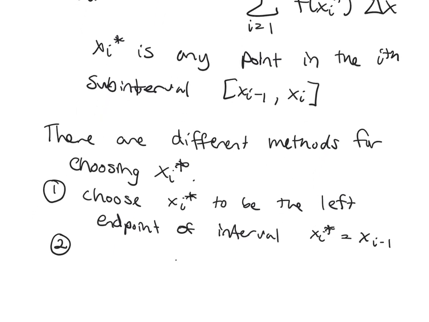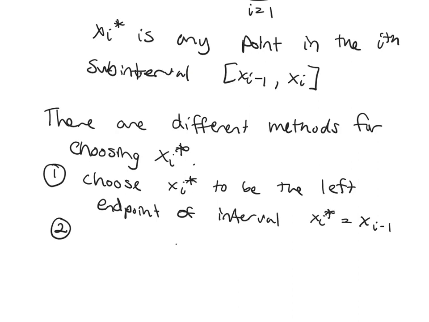Another way you could choose that xi star, instead of choosing the left, what's the opposite of left? Right, so pick the right endpoint, okay? So choose xi star to be the right endpoint.